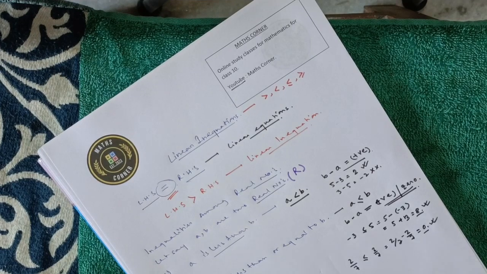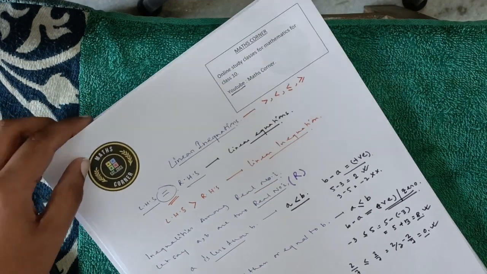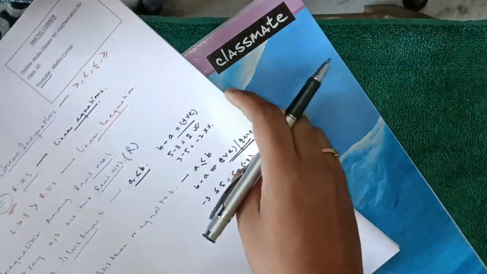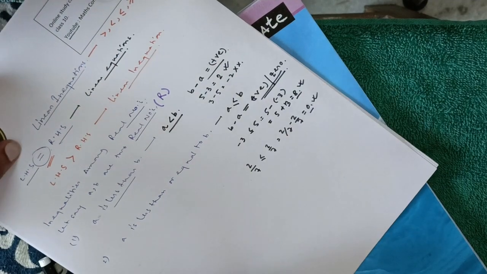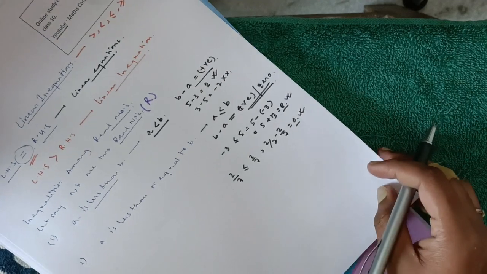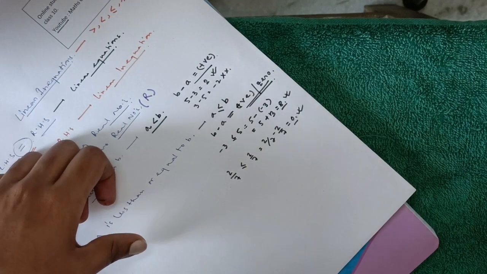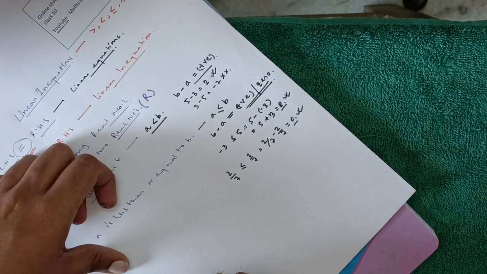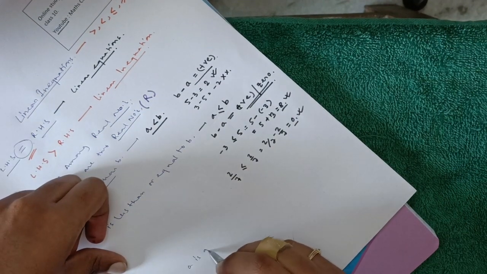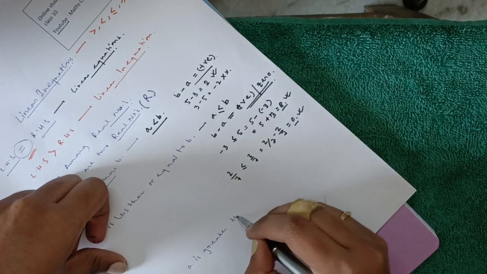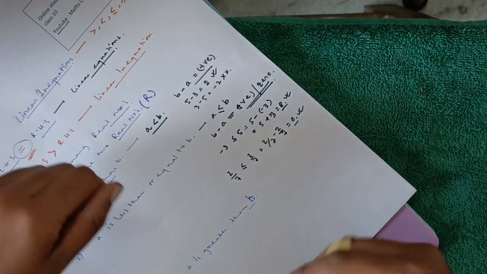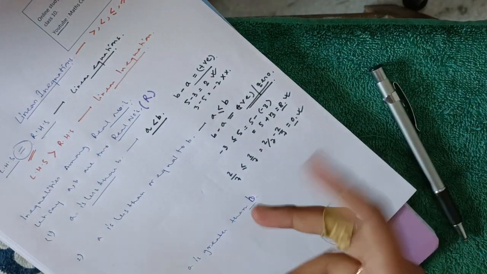Now we will come on to the third statement. Third statement says A is greater than B. So here it will be just reverse.